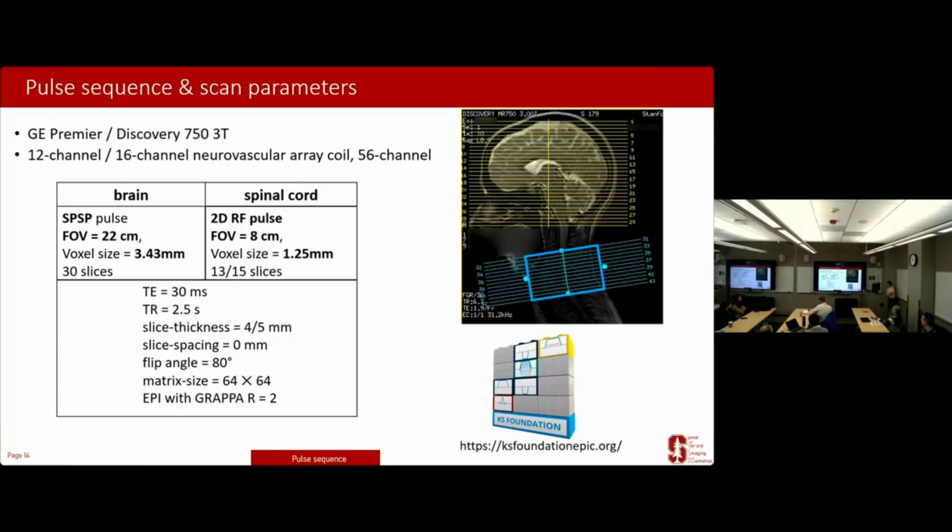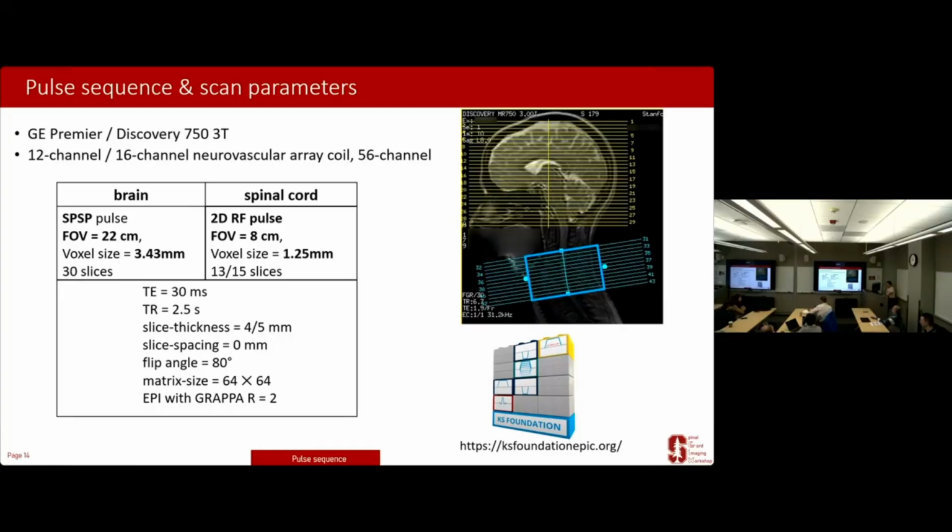These are the scanning parameters. We use a spectral spatial pulse for the brain and a reduced field of view 2DRF pulse for smaller voxels in the cord. So this is the actual scan area, but on the GE scanner, you can't change the extent of the slice location, so it will show you a much larger area, but it's actually just this part.